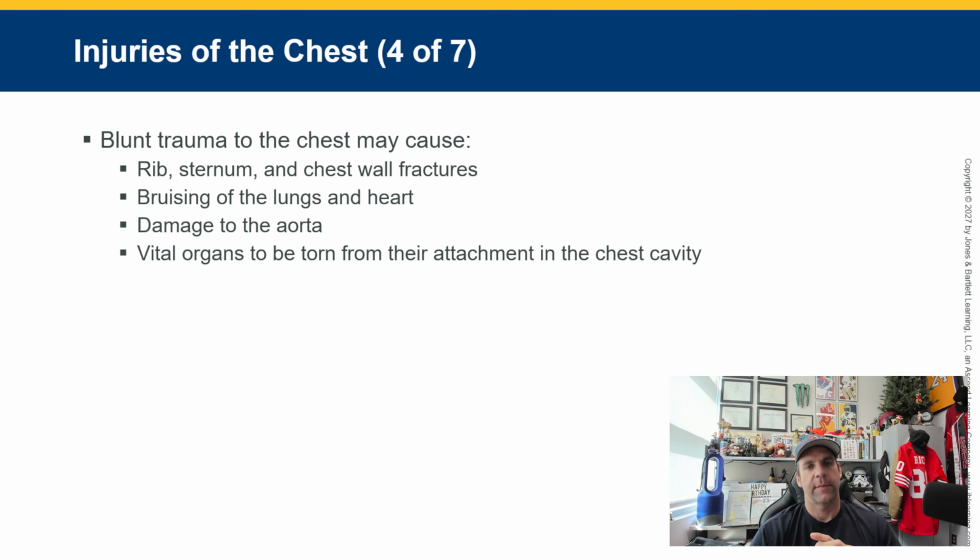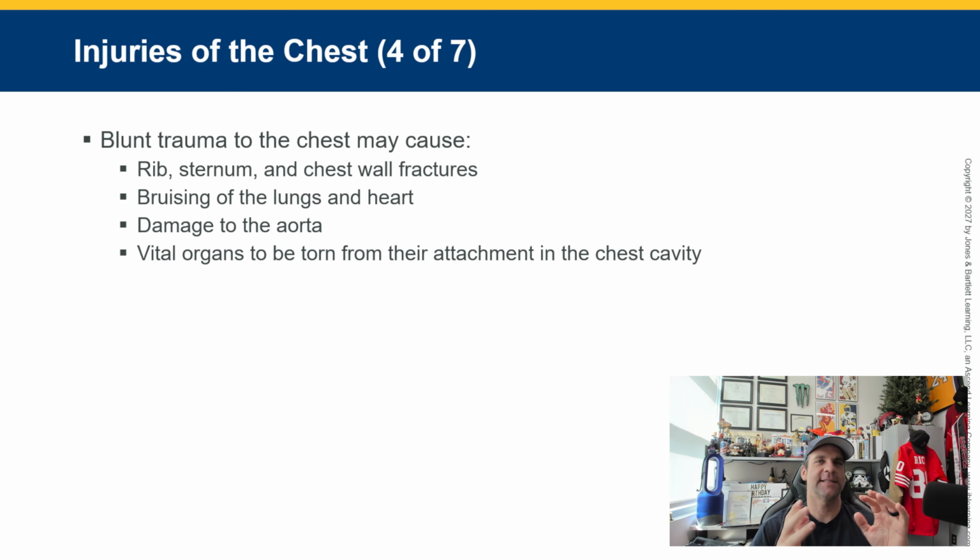So blunt chest trauma again may result from a direct impact, compression, or rapid acceleration and deceleration. The force can fracture an individual rib, the sternum, or a large chest wall segment. It can also bruise the lungs or the heart, even when the bones are still intact. Rapid deceleration creates a specific risk to the aorta.